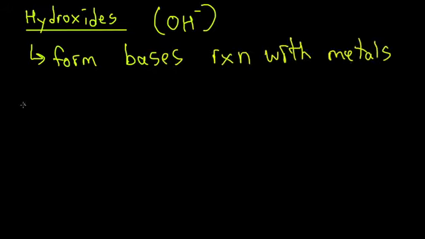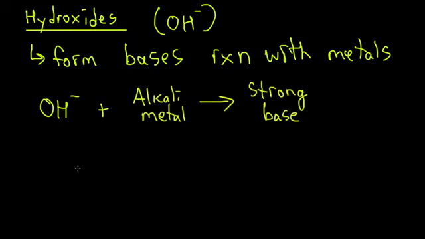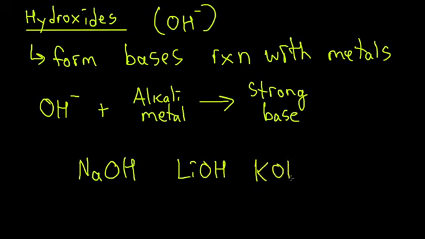And some of the strongest bases that will be formed is when the OH reacts with an alkali metal. So as an example of an alkali metal that forms a strong base, there is sodium. NaOH is a strong base. LiOH is a strong base, KOH is a strong base, and so on. There are going to be 6 strong bases, and most of them will be formed from the alkali metals.